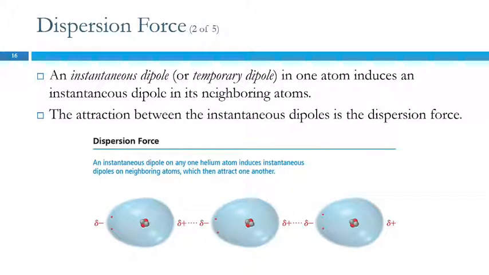So those attractions are instantaneous, they're very, very temporary. They come and they go, but they happen a lot. And so this is the force of attraction known as a dispersion force. I like induced dipoles because it is the attraction between dipoles that have been induced by one being out of balance.